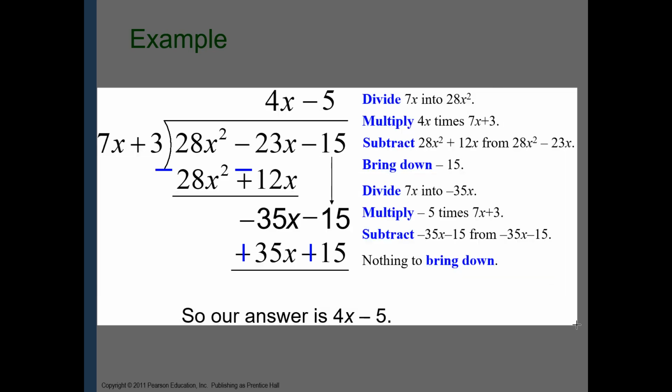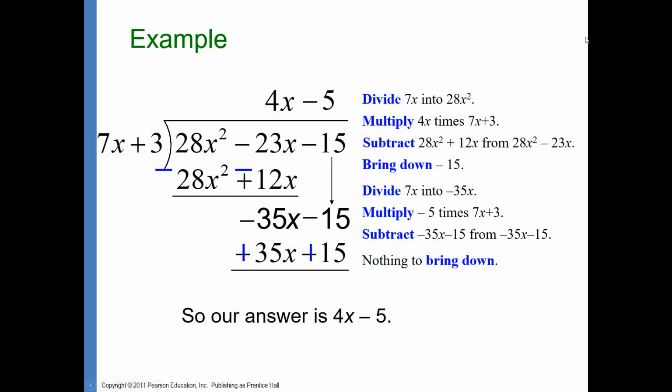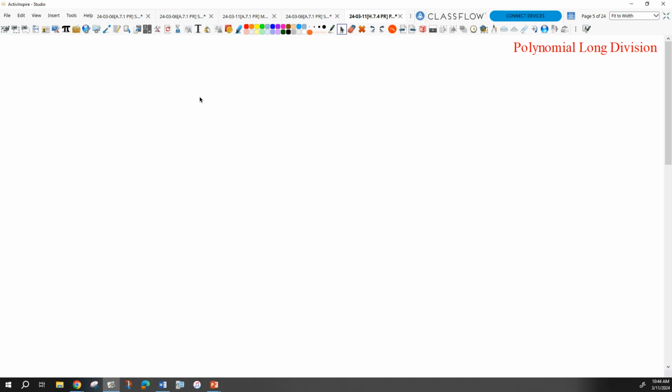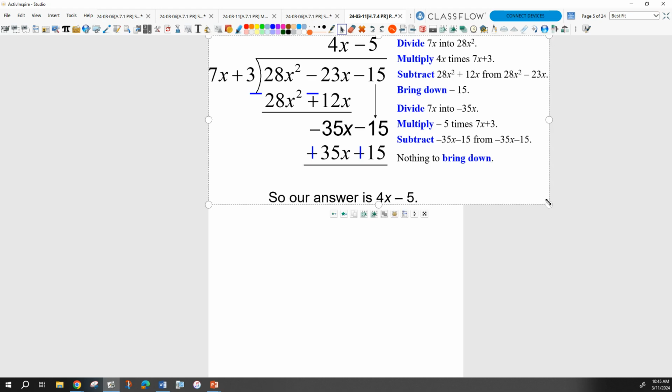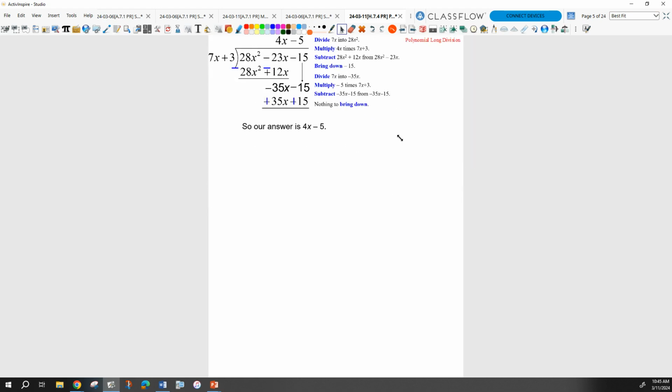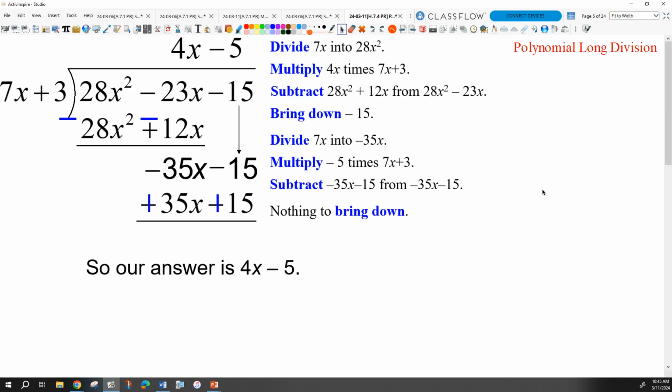And this is stuff we'll talk more about later, but I think you probably can answer it right now. Yeah, so the factor is just 7x plus 3 times 4x. Okay, so what does this mean?